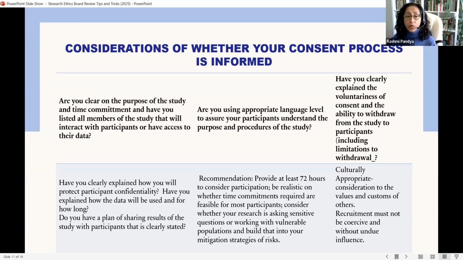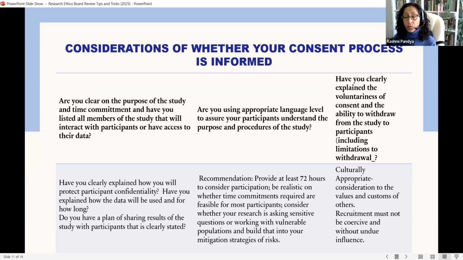Consider whether your research is asking for sensitive questions or working with vulnerable populations. And make sure you build in mitigation strategies for risks into your whole research design, but also into all of the participant-facing materials, so that you're taking into account how different populations might be affected by research.